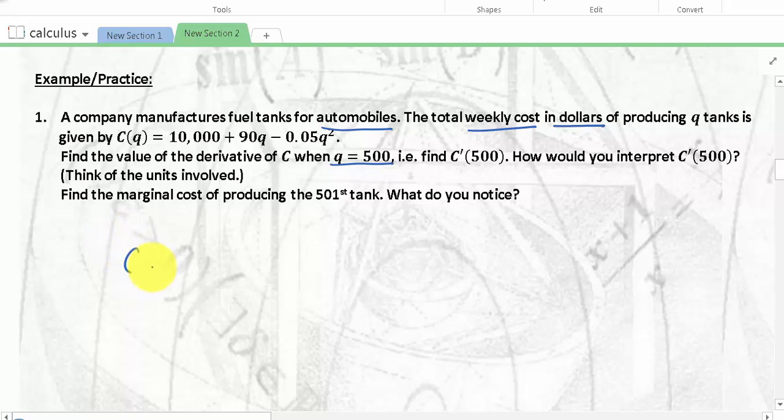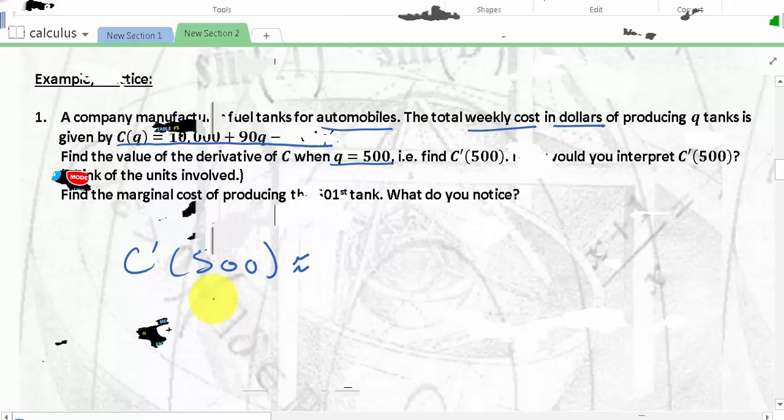So how do we get C prime at 500? Well, we use the calculator. We don't have the tools yet to compute that directly. So with the calculator, I'm going to put this function into y1, and I'm going to read the output of y2 at 500.